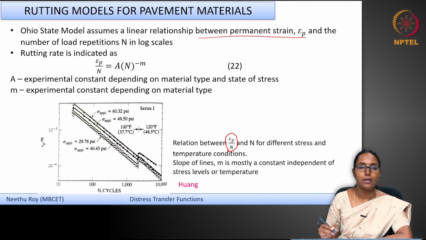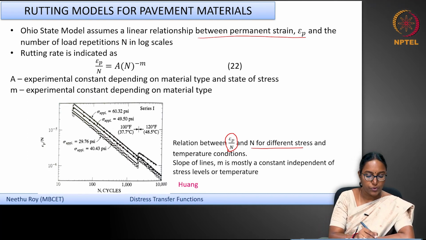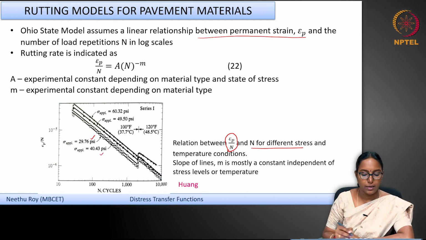See, rather than taking the permanent strain epsilon P, the rate of permanent strain, which is epsilon P by n, is noted here, and n is the number of load repetitions, and the plots are made for different stress levels and at different temperatures. You can see the stress application of 29.76 psi, then application of 40 psi and so on, and also at different temperature levels.